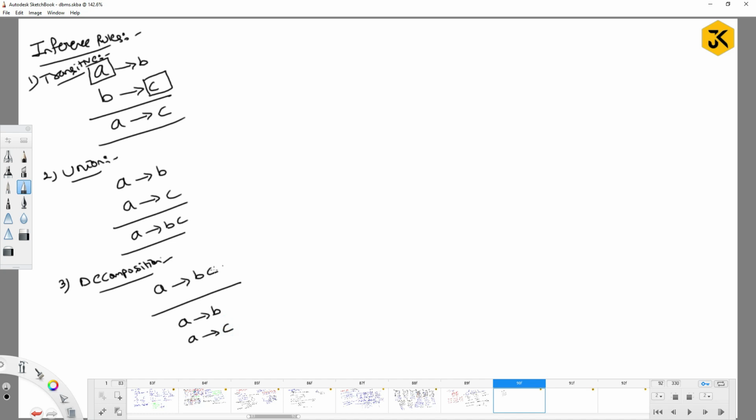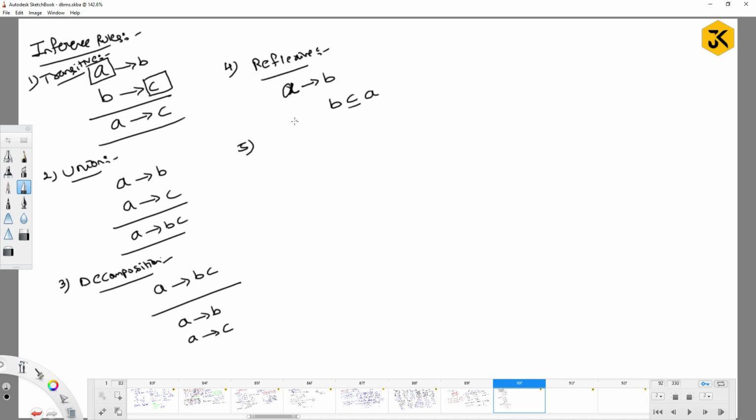What is the meaning of A functionally determines BC? I can determine either B or C. Right? Similarly, the reflexive rule. Reflexive means if I am trying to say that A determines B, then B is a subset of A. I can call it reflexive.